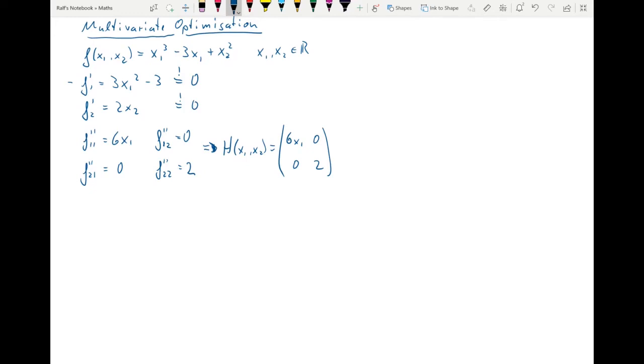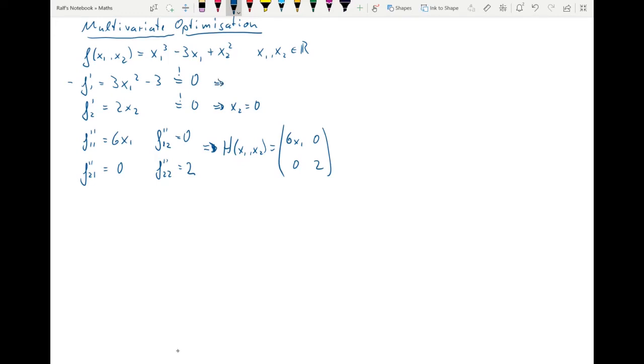Now in this case, this is fairly straightforward to solve. It's really easy for x2 from the second first order partial derivative, because we can see that x2 is equal to 0. Now, the first order partial derivative with respect to x1 is a quadratic function in x1, so we potentially get two solutions here.